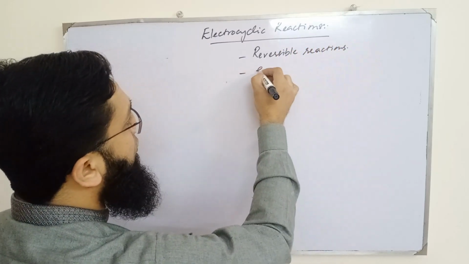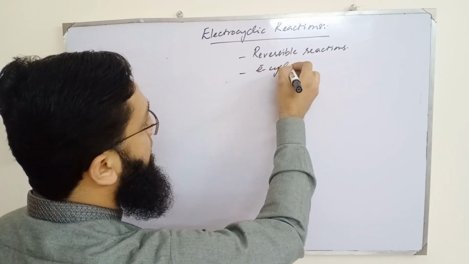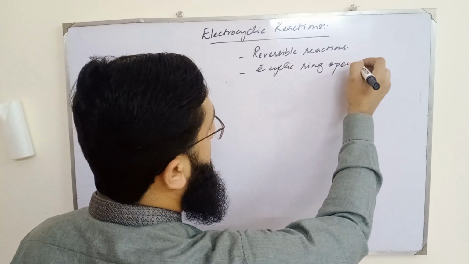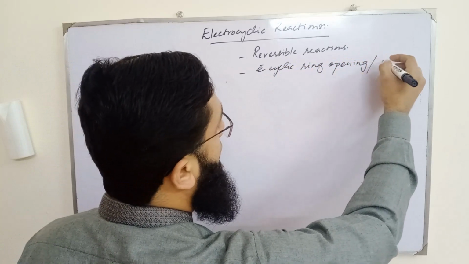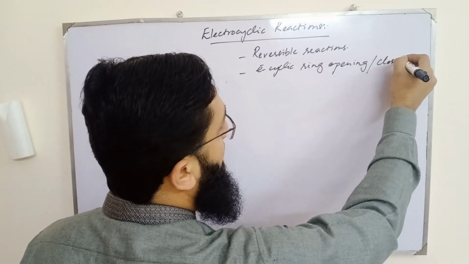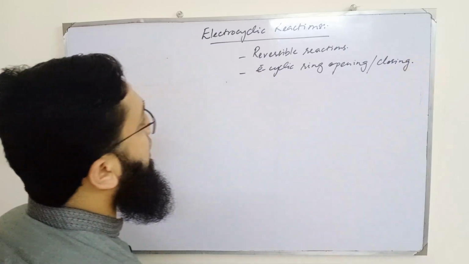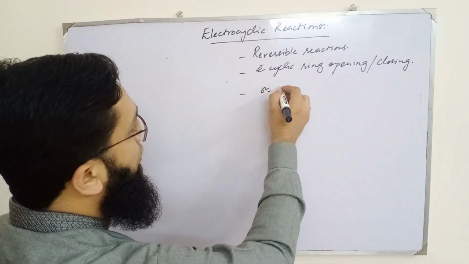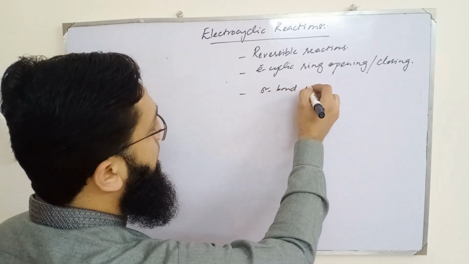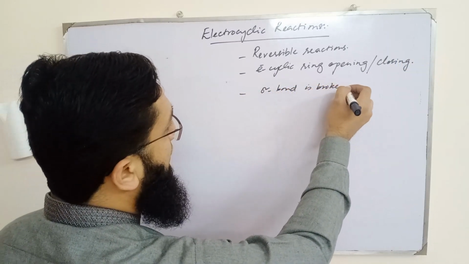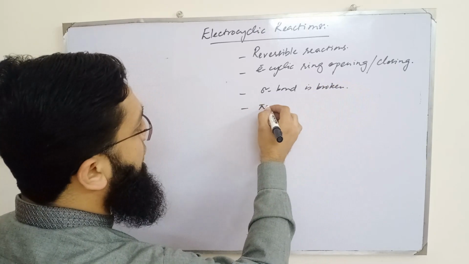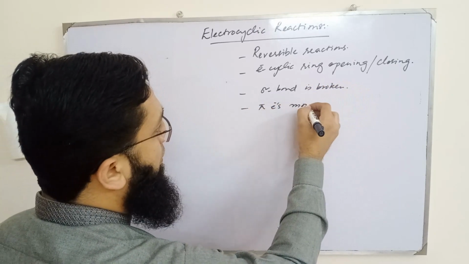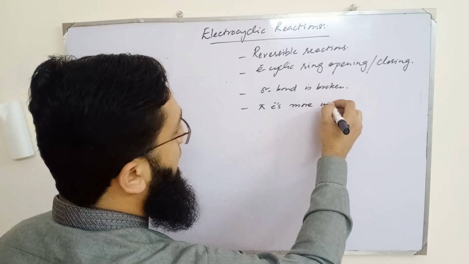They can be electrocyclic ring opening or ring closing reactions. During ring opening, the sigma bond is broken and pi electrons move in a cycle.